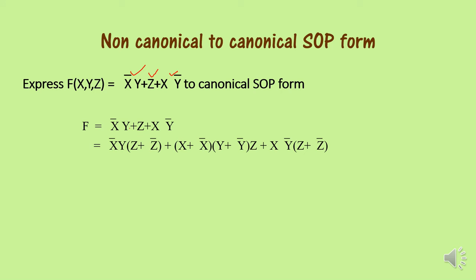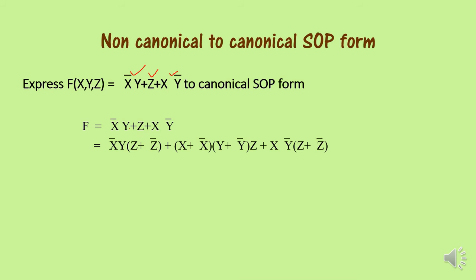Next, in the second term, which terms are missing? X and y. So here we write x plus x bar dot y plus y bar dot z. Plus the third term, what is missing here? The z term is missing. So we can write here x dot y bar times z plus z bar.